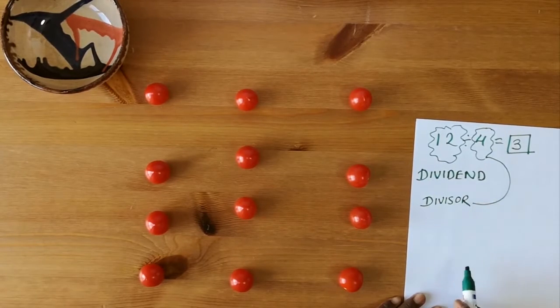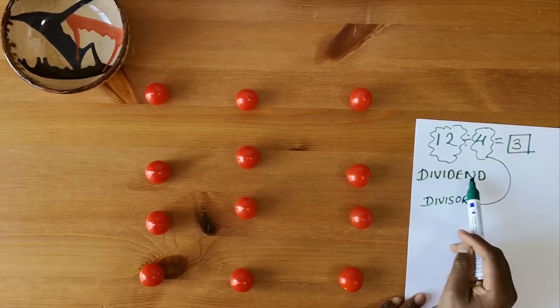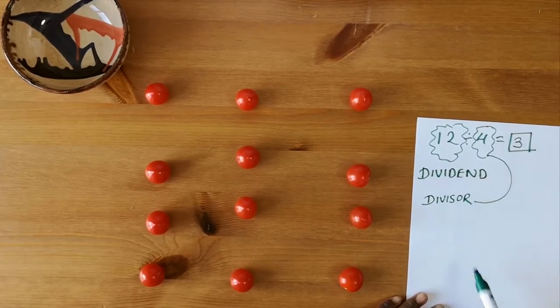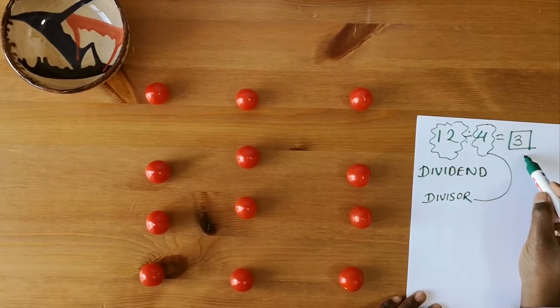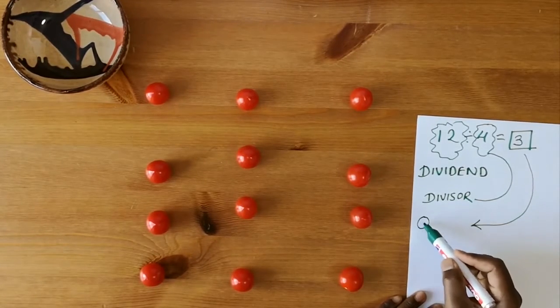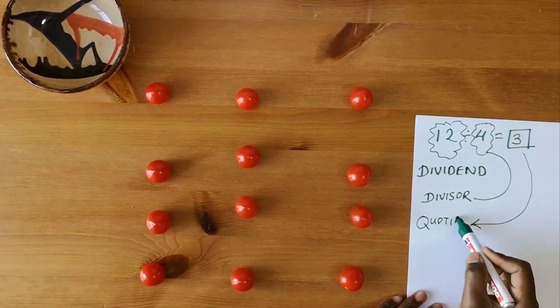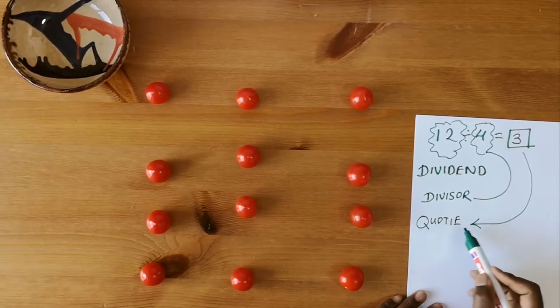So the divisor does the dividing and the dividend gets divided. And the answer that you get is called the quotient.